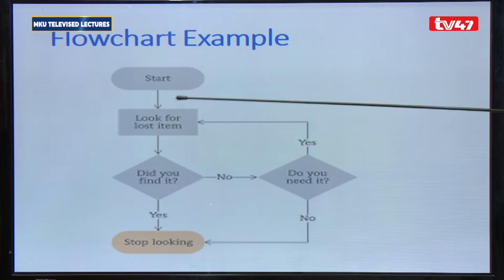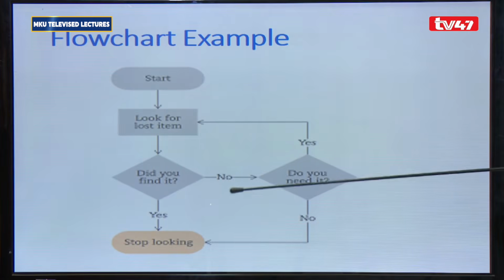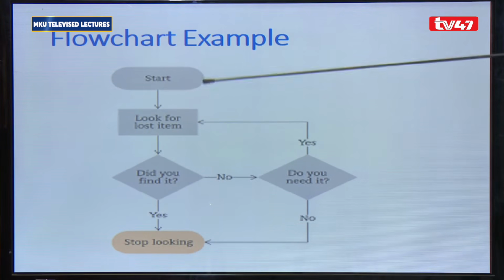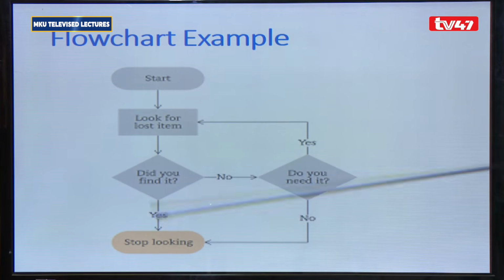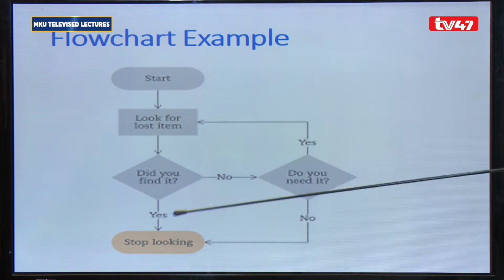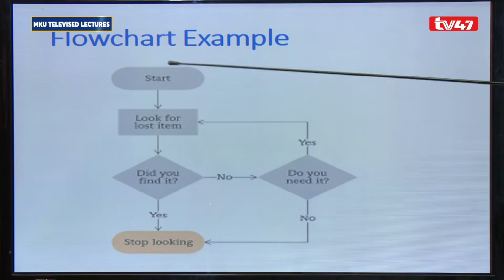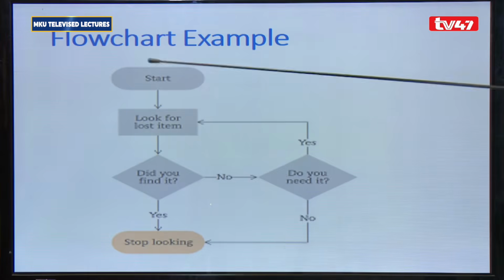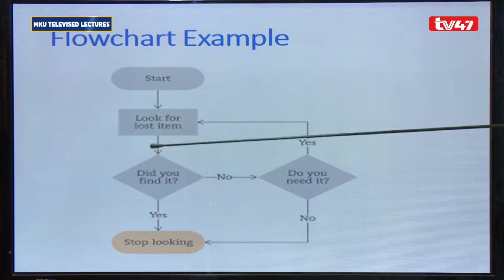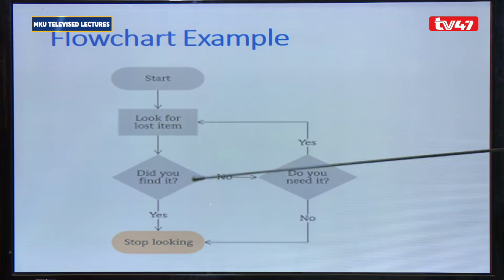So for starting, we have an oval symbol if you are drawing a flowchart. Each of these symbols has a meaning. A start and a stop share the same symbol at the end of the day. So you must start somewhere. We have an arrow. We say look for lost item. We also ask ourselves, did you find the lost item?